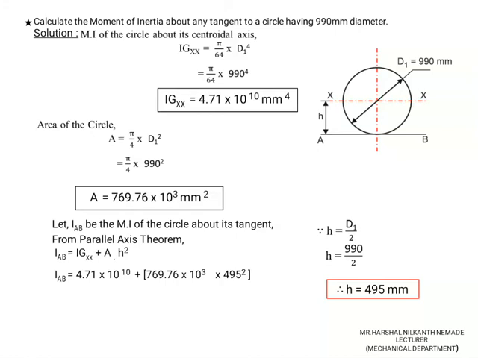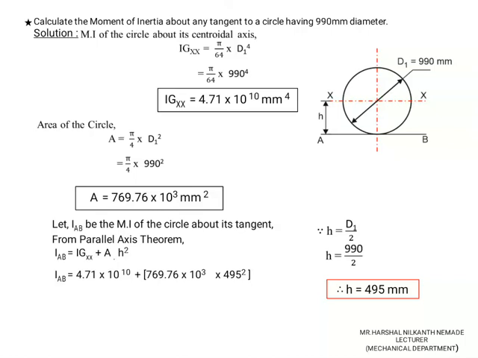Now let IAB be the moment of inertia of the circle about its tangent. From the parallel axis theorem, IAB is equal to IGXX plus A multiplied by h square. IAB is equal to the IGXX value I have calculated, 4.71 multiplied by 10 raised to 10, plus the area I have calculated, 769.76 multiplied by 10 raised to 3, multiplied by the height.